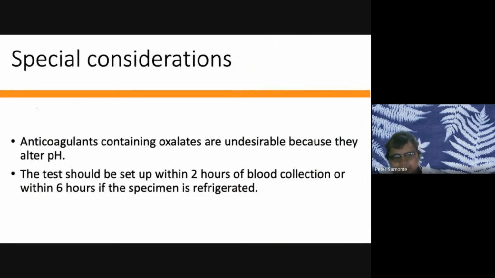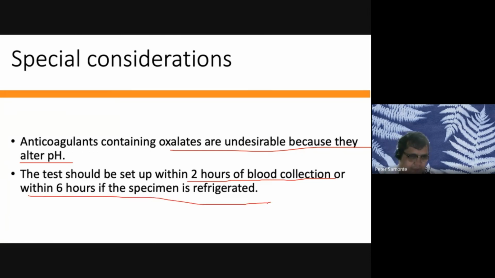All right, special considerations, class. Anticoagulants containing oxalates are undesirable because they may alter the pH. Then you should set up the test within 2 hours of blood collection, or within 6 hours if the specimen is refrigerated. So, if you collected the blood at 10 a.m., you need to process it by 12 noon if the specimen is set at room temp.